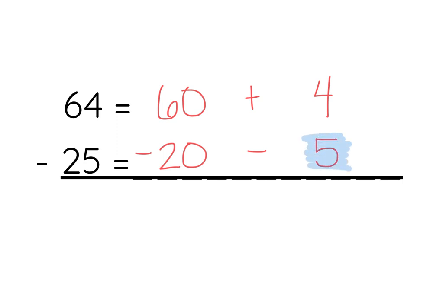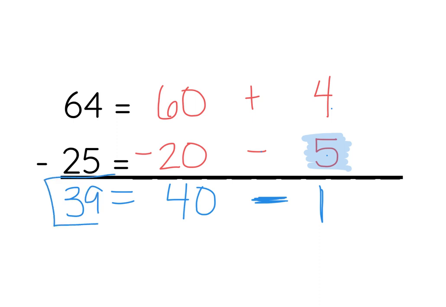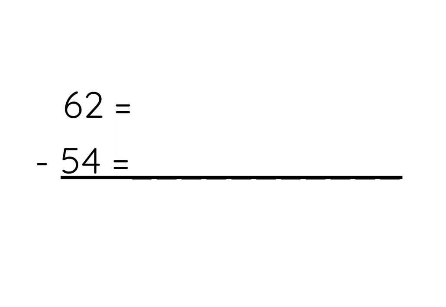So again, that means we're going to have a negative number because we're subtracting more than we have. 60 subtract 20 equals 40. 4 minus 5 is negative 1. And 40 subtract 1 equals 39. Great job.